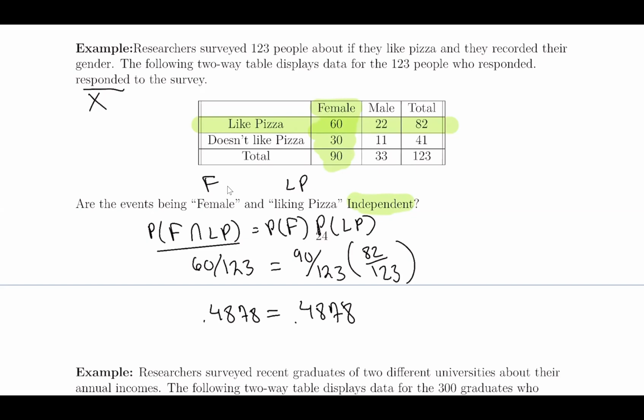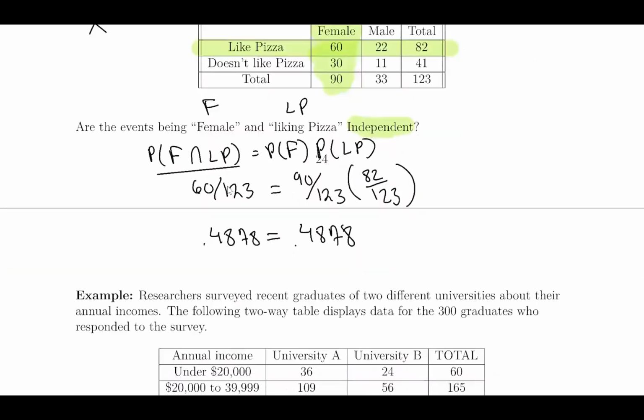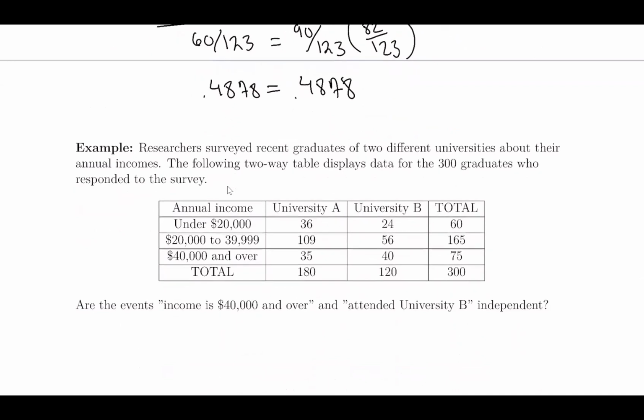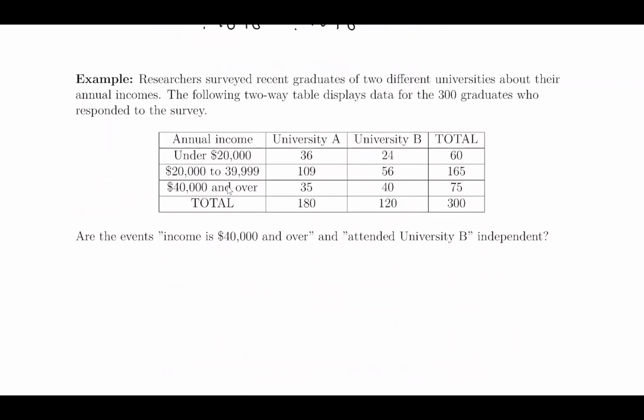So if they're slightly the same, we say yes, they are independent. But for test questions and quiz questions, I will always make it so that if they are independent, they're always equal to each other. All right. Any other questions? Sweet. All right. So let's practice with one more, and then we'll move on to better things.